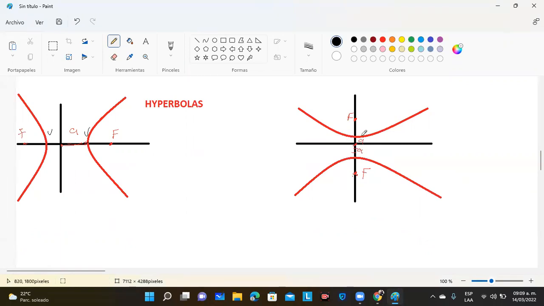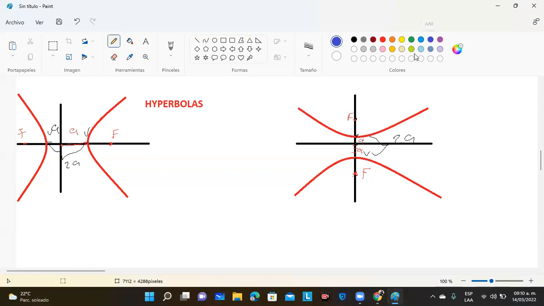And here, when we have a vertical one, A is going to be vertical from the center to the vertex. The distance between these two is going to be equal to 2A, and the distance between these two is also 2A, because this is A, so this is also A. Now, C is going to be the distance between the foci and the center.